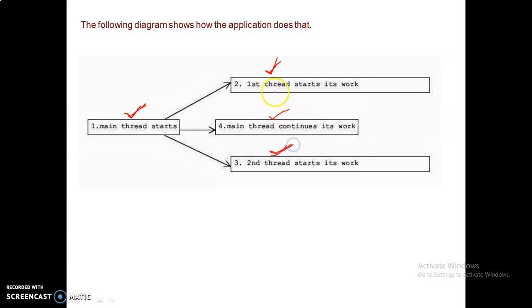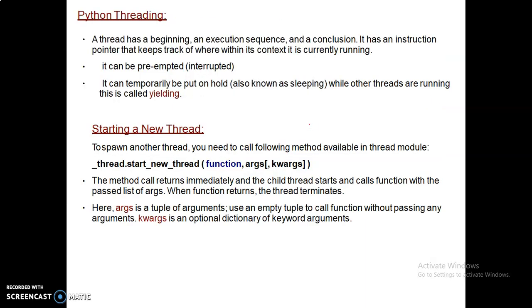After these two user-defined threads close, the main thread is also closed. First these two threads complete their execution, then our main thread completes, because only after completing the internal parts of the program can we complete the main program.